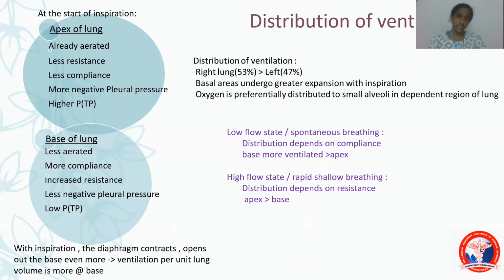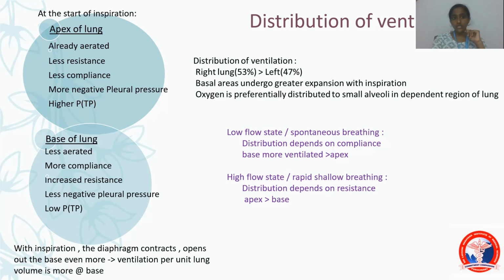So it will have less resistance, it means it is already open. Compliance will also be less because air is already filled, and you can fill in only a little more air inside. So compliance is less. There will be a more negative pleural pressure and a higher transpulmonary pressure.